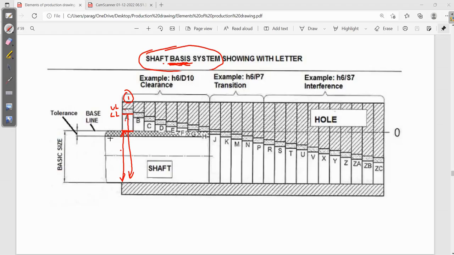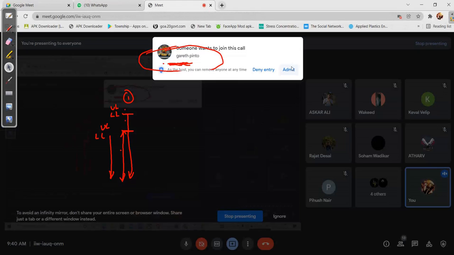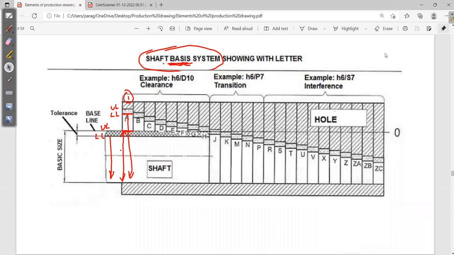This is the highest diameter, and this I can consider the lowest diameter, because this is the upper limit and this is the lower limit, right? So when such a condition exists, that time what type of fit is it? Who can tell me? What type of fit?